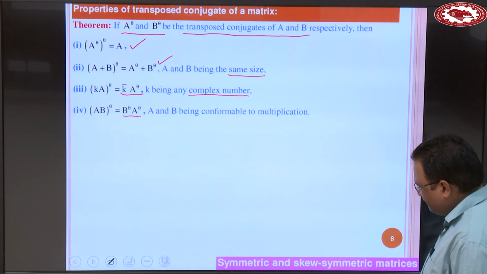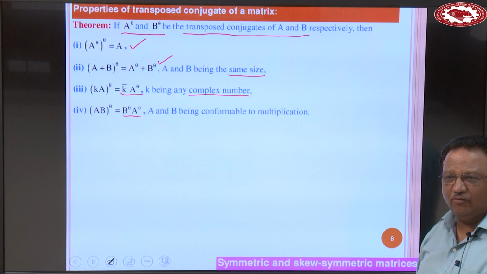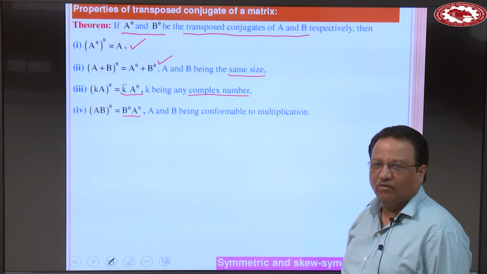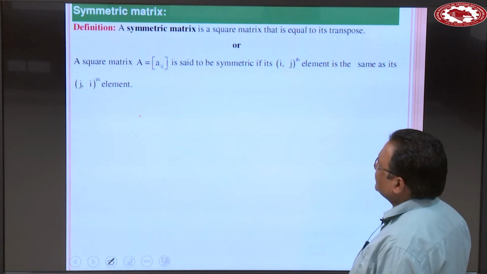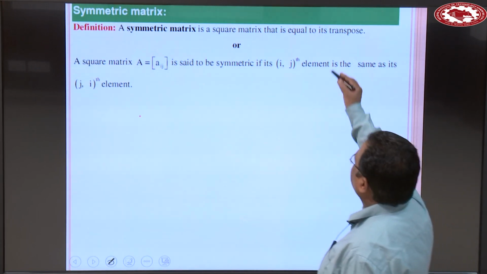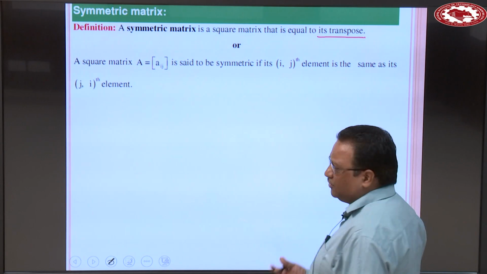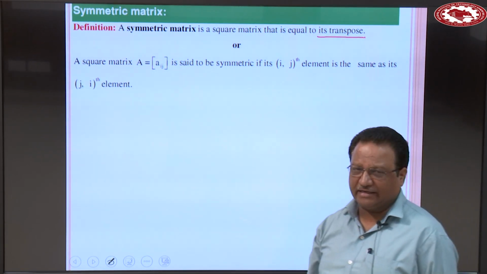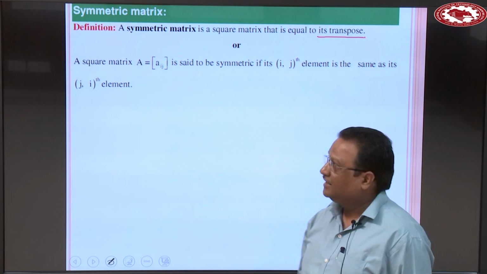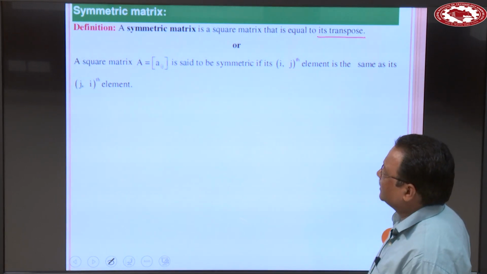Then we have 2 more definitions. What is a symmetric matrix? What is a skew symmetric matrix? A symmetric matrix is a square matrix that is equal to its transpose. We know how we can evaluate the transpose of a given matrix. If the transpose of a matrix is equal to the matrix itself, then that matrix is known as a symmetric matrix.